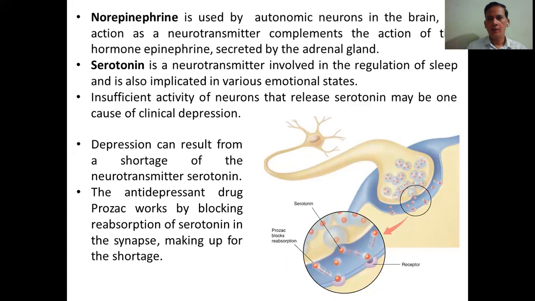This binding of serotonin at the receptor will keep on giving the action, or if the serotonin amount could be increased, that would also lead to the removal of the depression. So there are two possibilities here: either the serotonin release increases, or it is made available to the receptors by inhibiting the reabsorption. This drug Prozac inhibits the reabsorption.